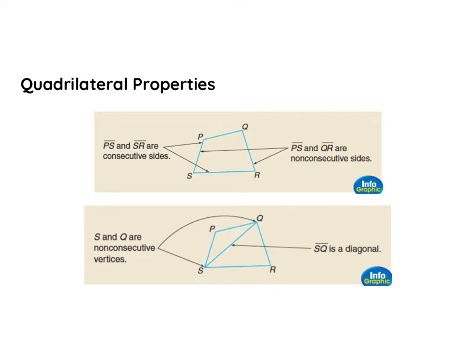So some properties to note, we have consecutive sides. Consecutive is just another word for next to, right? So PS and SR are consecutive sides, okay? And then non-consecutive would be opposite. Those are the words that you'll hear myself and Mr. Cross use. So PQ and SR are opposite or non-consecutive. They're not touching.